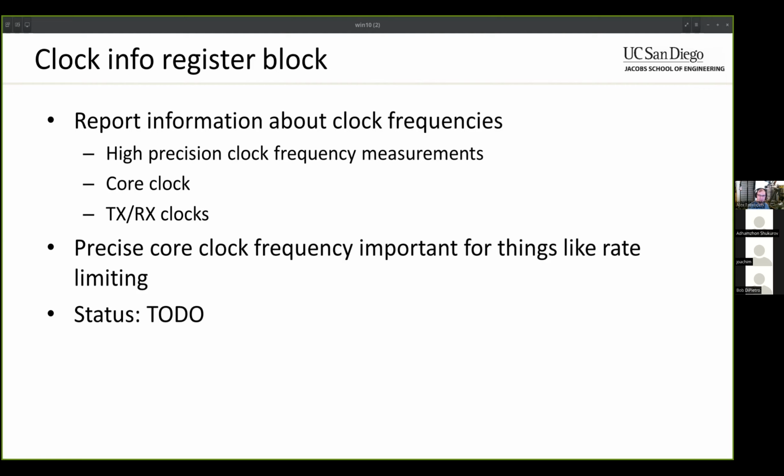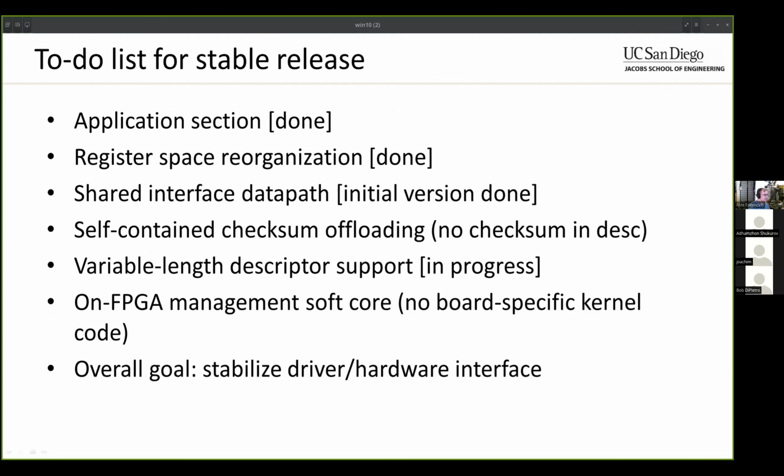I'm also going to use that for the descriptor write-back support and the timeout values used by that code. So the clock info register block can also be used to expose that information to the driver. At some point, once I get some of this stuff squared away, I'll sit down and get this implemented.